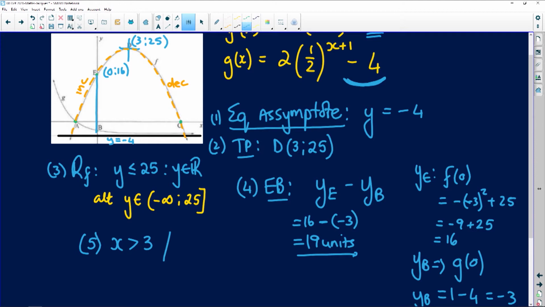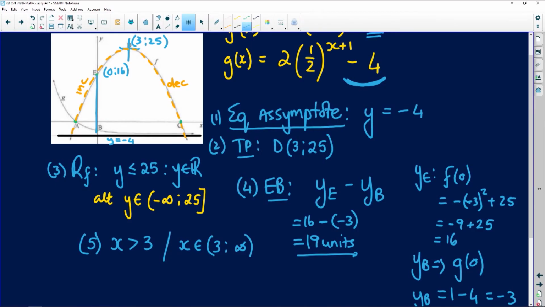Or in interval notation, x is an element from open 3 to open infinity, whichever one of those you would love to use. But it's not equal to, because it is stationary at the point where x is 3. So that was 2 marks. 1 mark will most probably be for excluding the point 3.